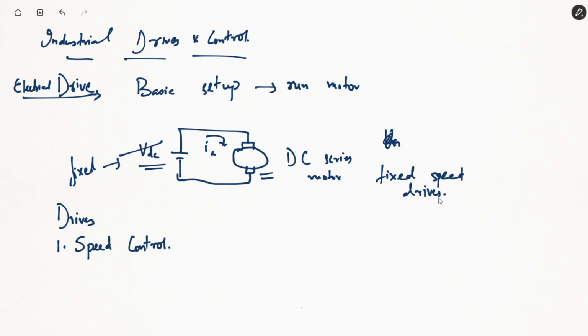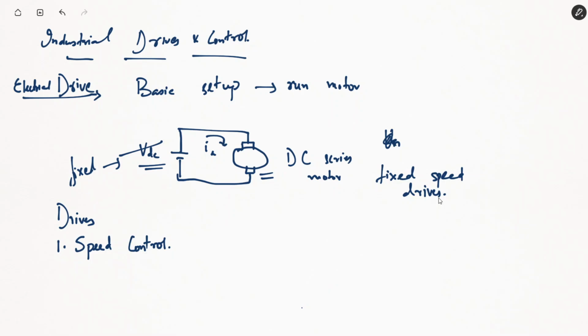Fine. So that's the basic definition of a drive, where the basic minimum setup is required to run any motor. But the problem with that setup is that we will not be able to control the speed of the motor, will not be able to control the flux of the motor, will not be able to control the armature current, the field current.